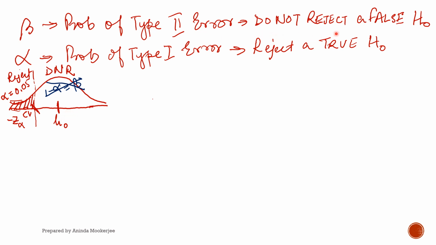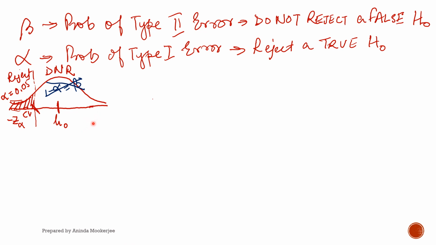Now, when somebody is claiming that the null hypothesis mean is false, then they also better give us what is supposed to be the true mean. If the null hypothesis mean is not true, then we must ask them, what do you think is the true mean?